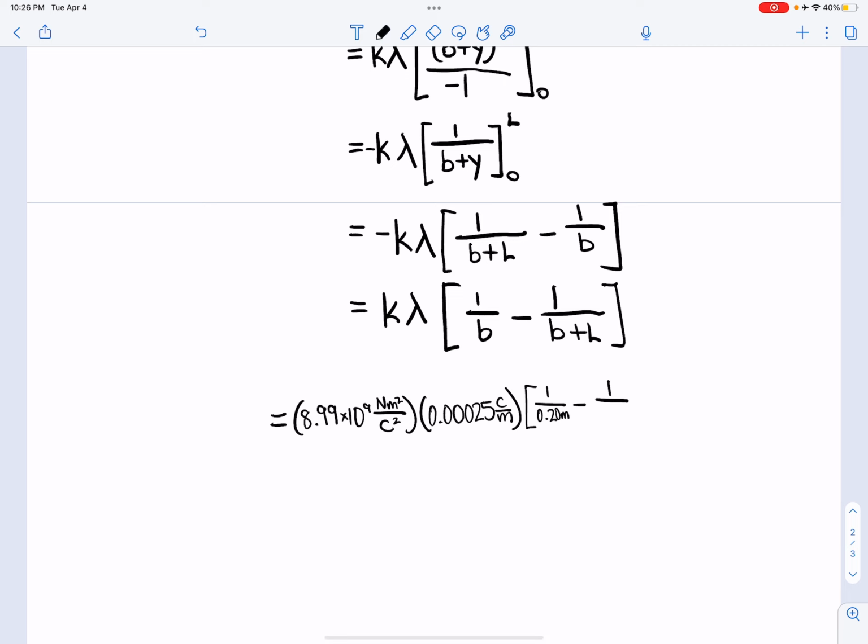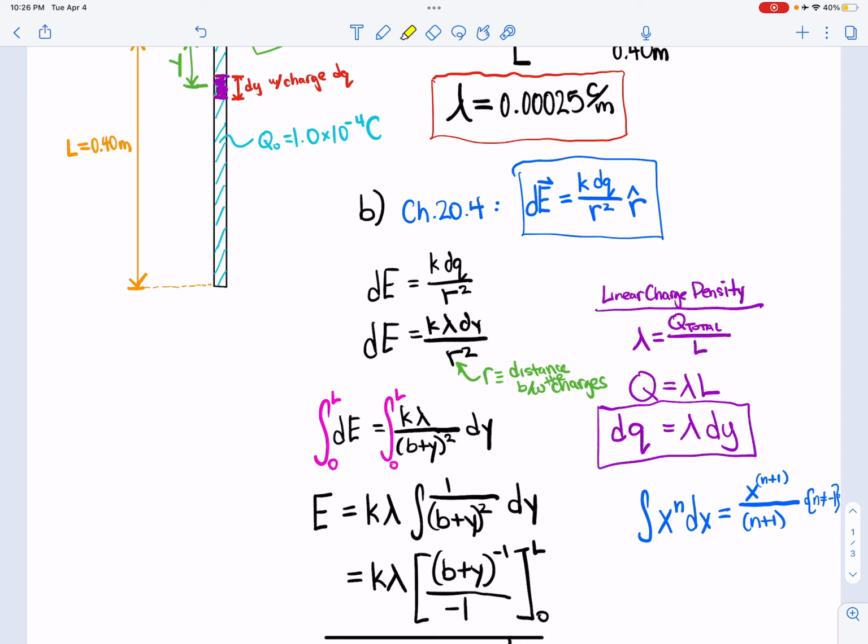Minus 1 over b, 0.20 meters, plus L, which was 0.4 meters. Right? And that was L? Yeah. Right here.